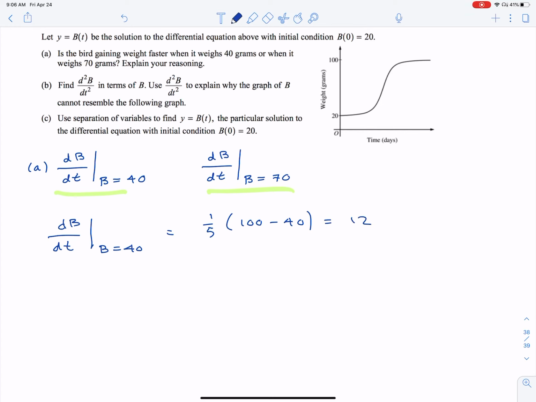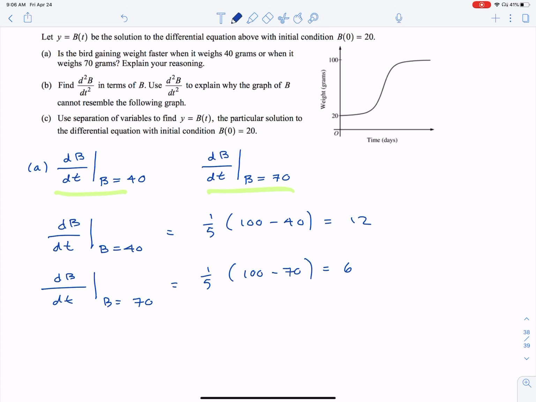I'm then going to do the exact same thing, but I'm going to evaluate it when b equals 70. So I'm going to get 1/5 times 100 minus 70, so that's 30, and 1/5 of 30 is 6. So 12 is obviously larger than 6. So the baby's gaining weight faster when its weight is 40 grams than compared to 70 grams.